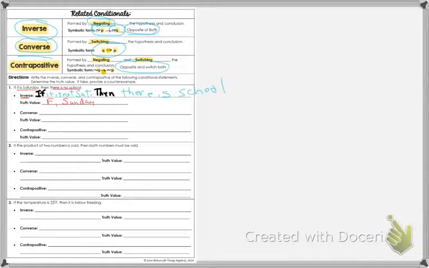Converse. What's the converse of this? Well, converse means we're only going to switch those guys. We're going to flip them over. So if we don't do anything, we don't change anything, we just switch them.